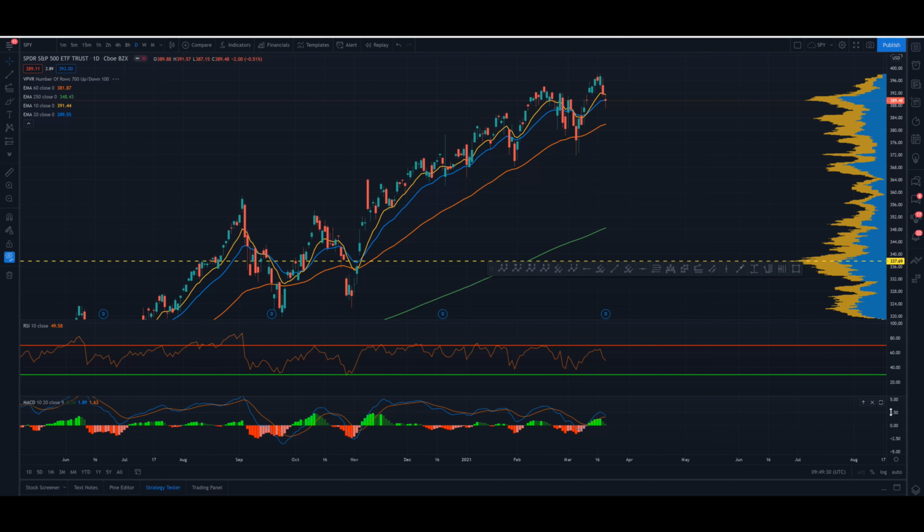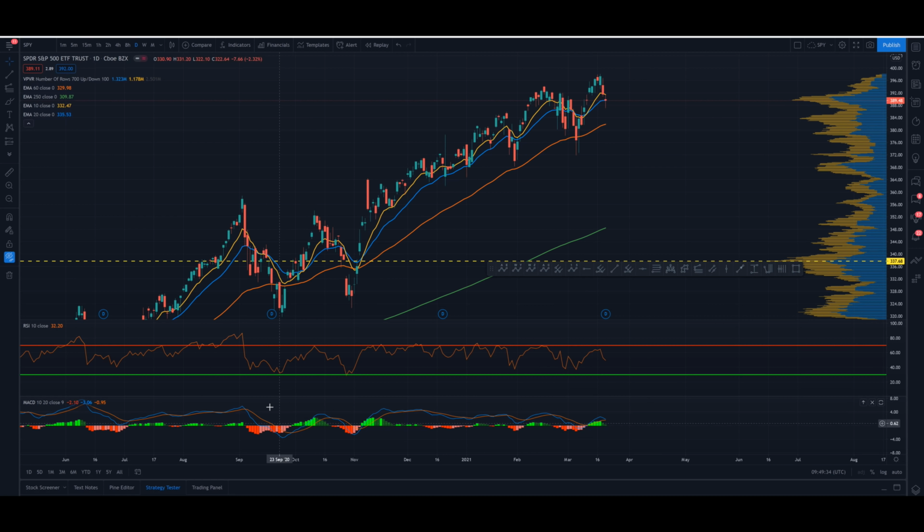Same is there in the MACD. We can see on the daily time frame, momentum in the MACD peaked back here on what we can see on the chart on the 2nd of September, and we've just set a series of lower highs since, as the prices continued higher. So this whole time, as I've been saying for weeks now, we keep pushing highs on weaker and weaker momentum.